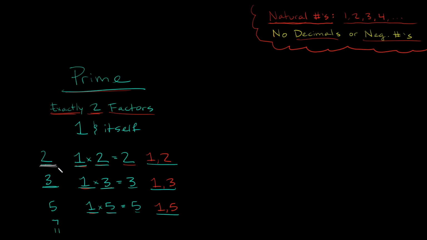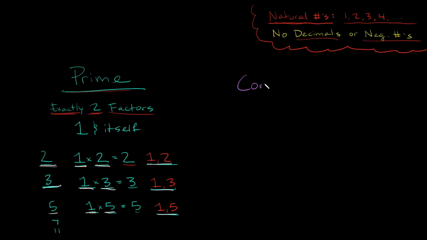The number 2 is only divisible by 1 and itself. The number 3 is only divisible by 1 and 3. The number 5 is only divisible by 1 and 5. Those are two different ways you can think of prime numbers, but they're always just going to have two factors. Now, let's move on to composite numbers.